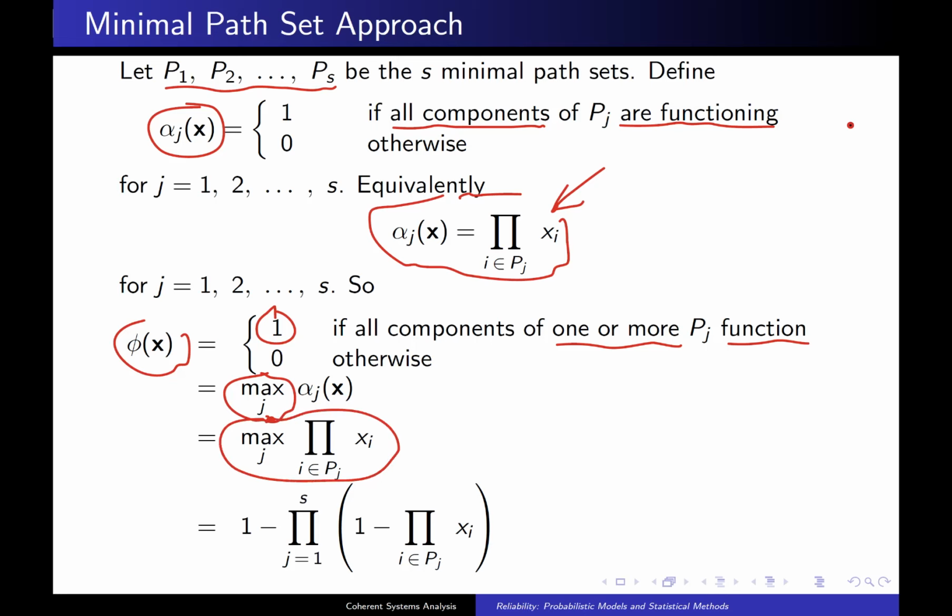And finally, you know that the maximum can be written as 1 minus the product of 1 minus the argument, and that leads you down to here, and that is a way of writing a coherent system of n components as a parallel arrangement of series subsystems. Notice that it is parallel on the outside, that's here, and it is a series subsystem on the inside, and we'll see that illustrated on the next page.